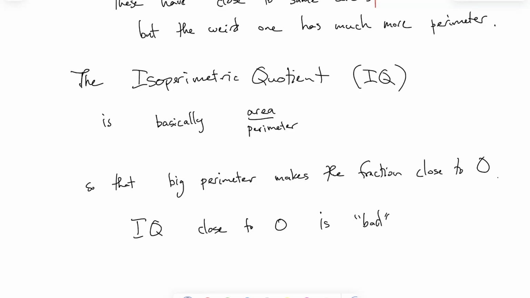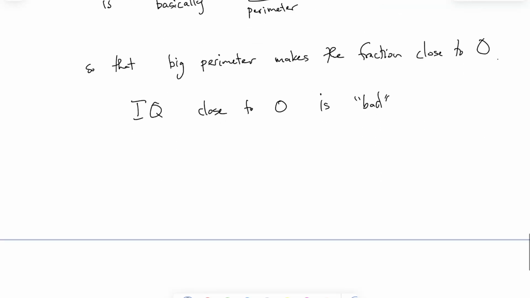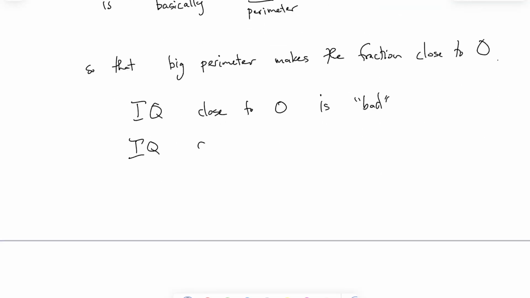Versus an isoperimetric quotient close to 1 is good. That means the perimeter is not so much, which means the shape is kind of like a big blob, but it doesn't have lots of wiggles in it. That's the point of the IQ. So the isoperimetric quotient close to 1, or 100% if you want to write it as a percentage, is good. In that sense, it works just like the convex hull ratio. Close to 0 means the shape is bad. Close to 1 means the shape is good.